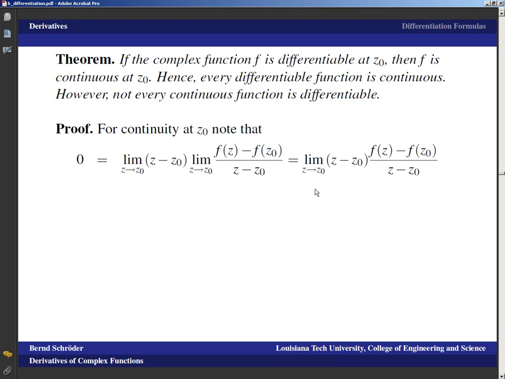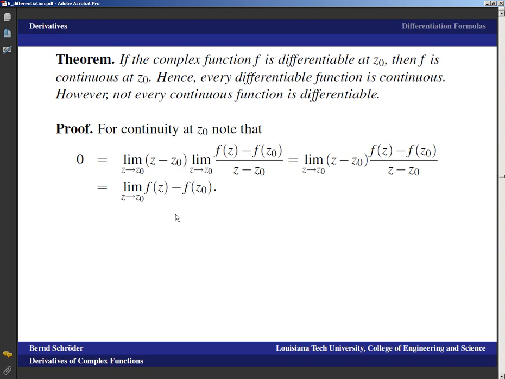But the product of two limits is the limit of the product. And z minus z0 cancels now, so this is the limit as z goes to z0 of f of z minus f of z0. Well, that means the limit as z goes to z0 of f of z is equal to f of z0, because the limit of f of z0 is just f of z0, and we can bring that over.